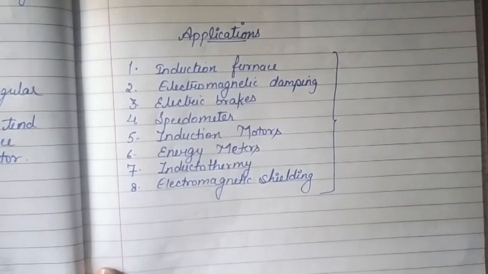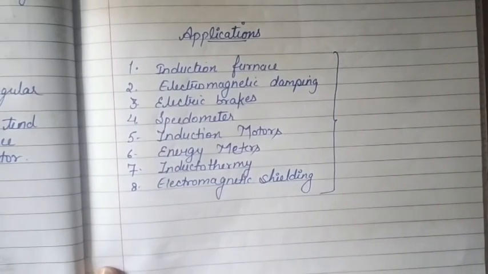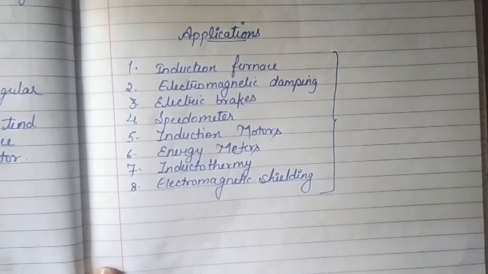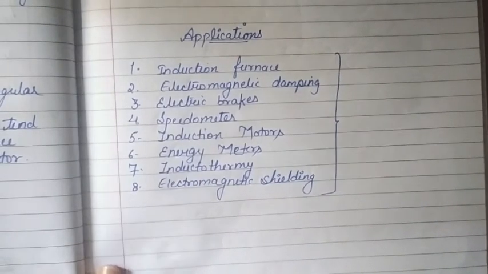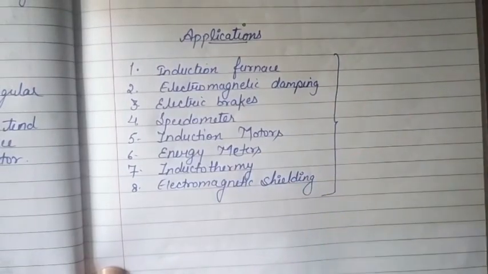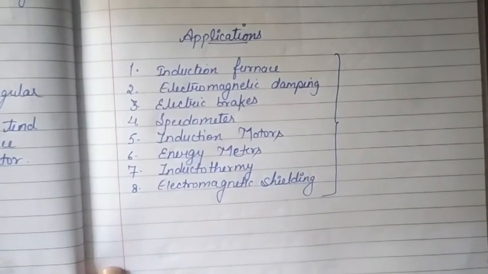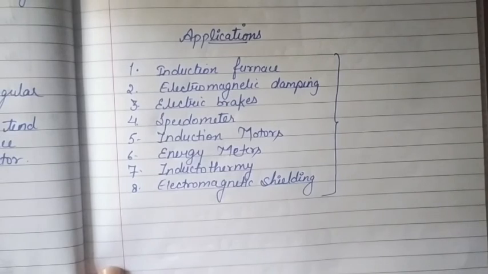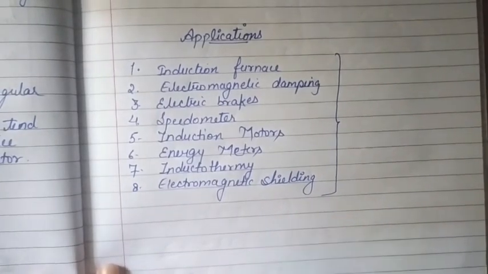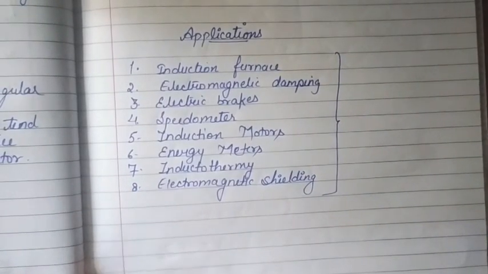The undesirable effect is the unnecessary heating and wastage of power, and because of the heat produced, sometimes the instrument may be damaged. That's why that effect is undesirable at some places, but in these phenomena and processes it proves helpful to us, and these are the applications of eddy currents. So that's all about eddy currents.